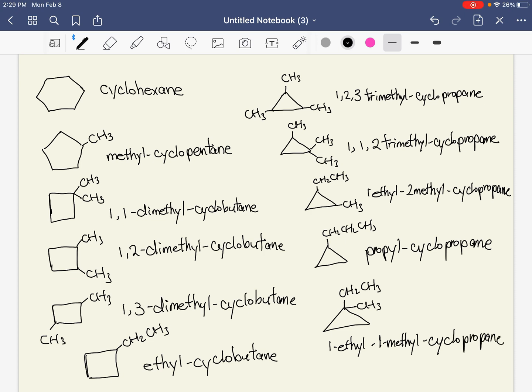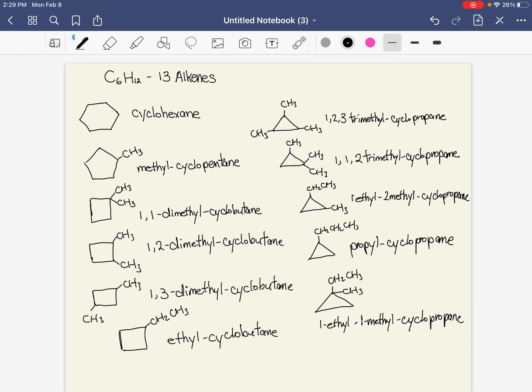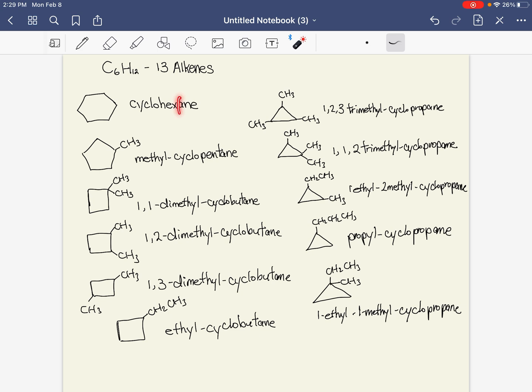I really think that's it. Okay. So how many are there actually? So there's 1, 2, 3, 4, 5, 6, 7, 8, 9, 10, 11. So we have 13 plus 11 cycloalkanes. So that's 24. Wow.